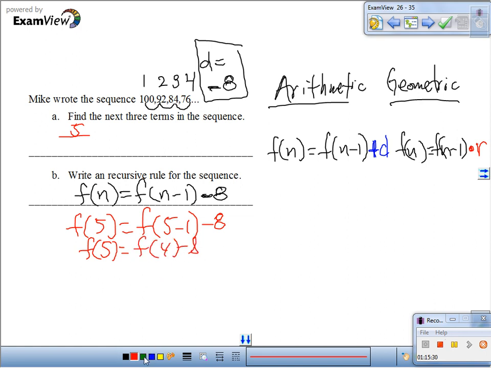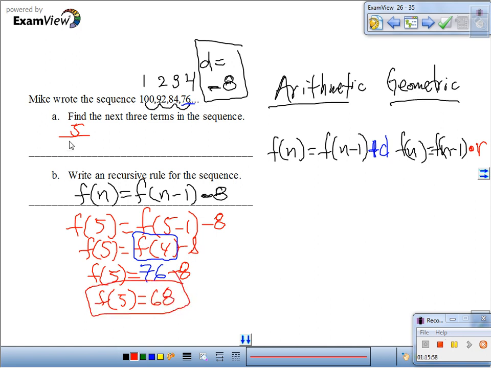Before I continue here, what is f of 4? Which means what is the 4th term? 76 is right here. So 76. I bring everything else down. F of 5 equals 76 minus 8. F of 5 equals, what is 76 minus 8? 68. And that goes right there.